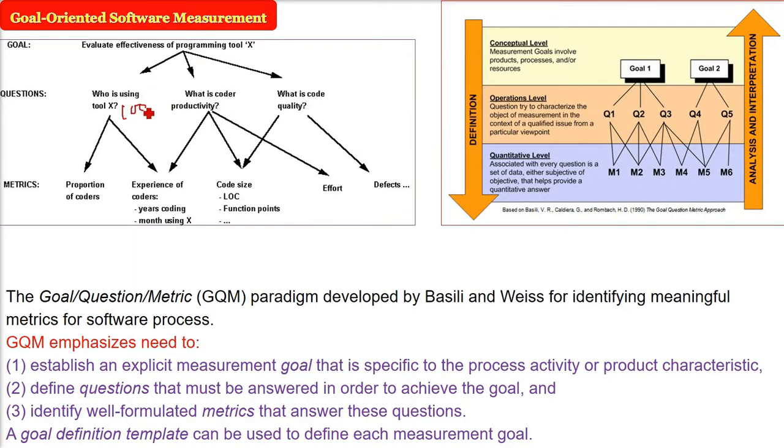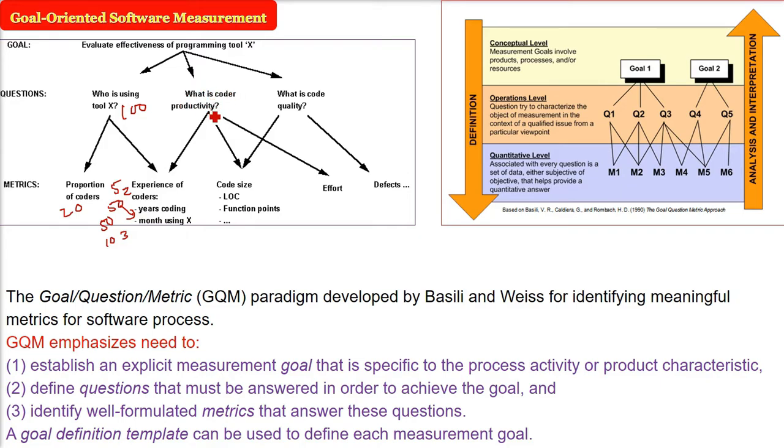Say there are 100 people, and 20 of them are coders. Now, the experience of the coders: some of them may have 5 years of experience, some 3 years. And the people who are not coding can also have experience, right? So this is the metric. The metric comes from the proportion of coders and the experience of coders.